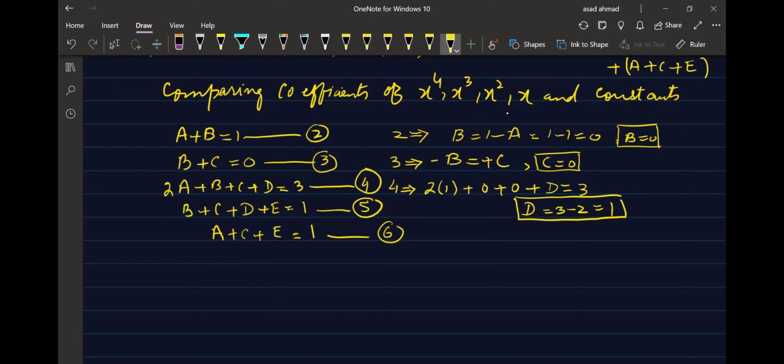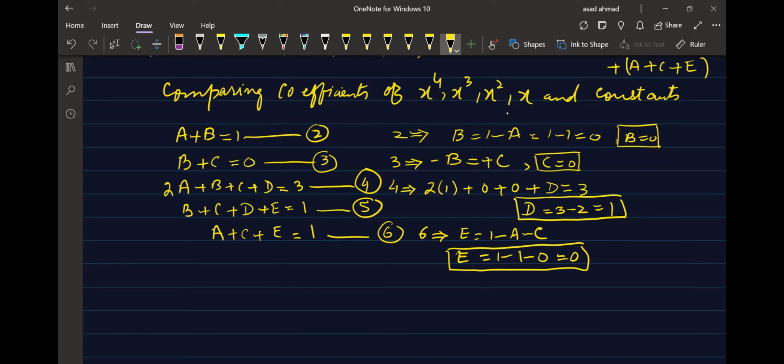So we have calculated the value of A, B, C, D. Now only 1 is left. So we can get it from equation number 6, which is more simple. So E will be equals to 1 minus A minus C. A is equals to 1 and C is 0. So altogether E will become equals to 0. So we have calculated the value of A, B, C, D and E.